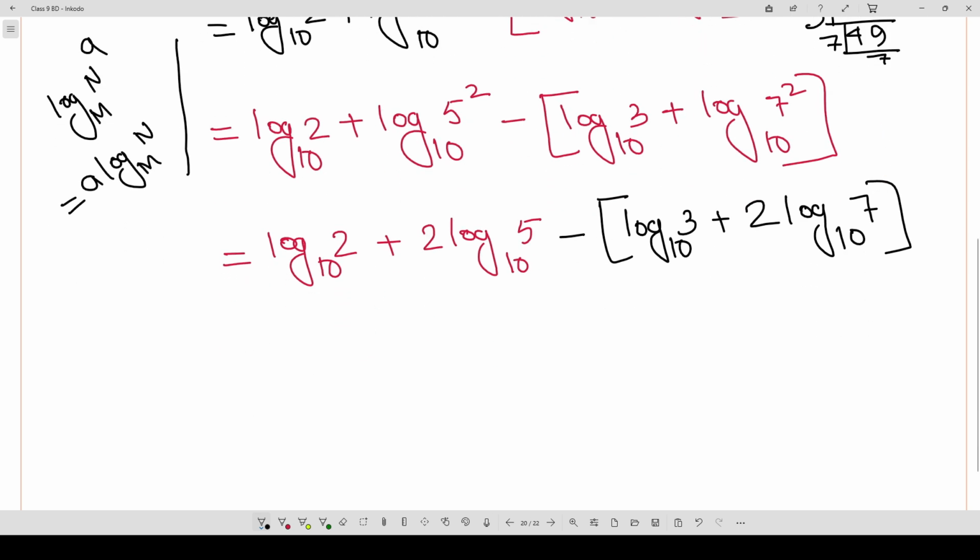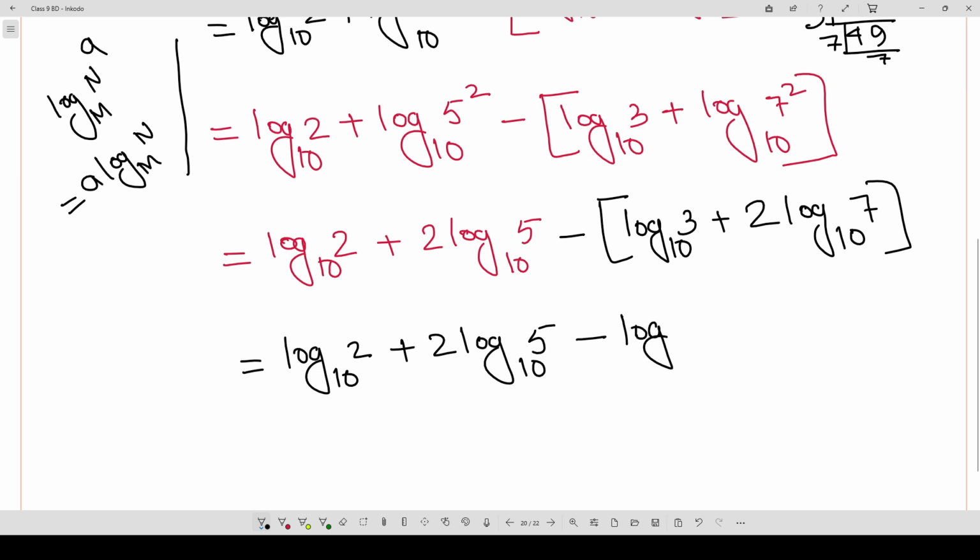Now we are already in position, log 10 base 2 plus 2 log 10 base 5 minus, for this minus inside bracket every sign will be changed, so here is minus log 10 base 3, plus and minus once we multiply it will be minus, then 2 log 10 base 7.